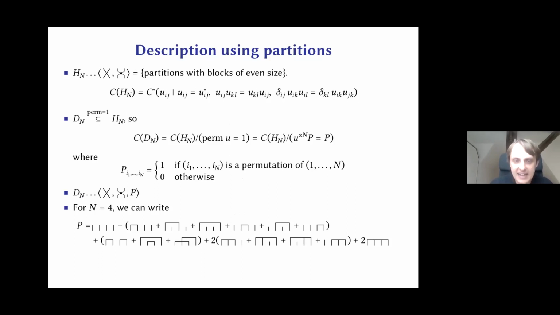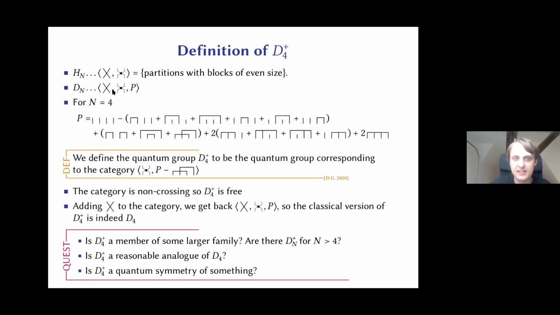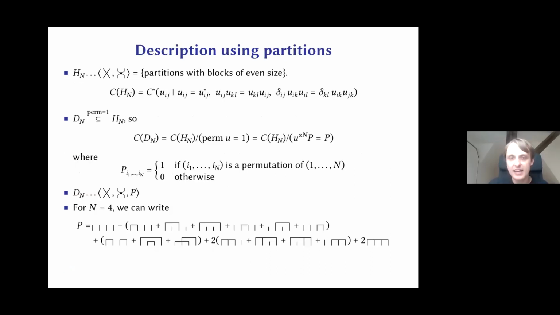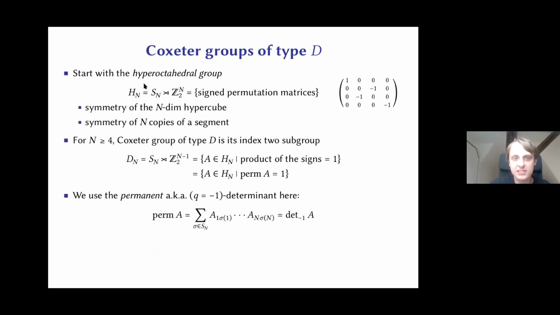It can happen that this exists just by coincidence, but it is not a member of some larger family, because this D4 plus does not have any clever sense. On the other hand, as I said, Hn, for example, is the hyperoctahedral group, the symmetry of the n-dimensional hypercube.